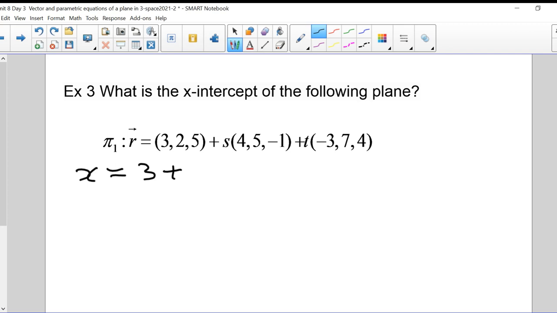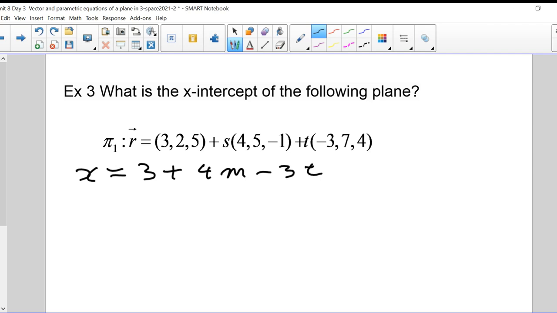So it's probably not a good idea. So it's equal to 3 plus 4 times M plus or minus 3 times T.